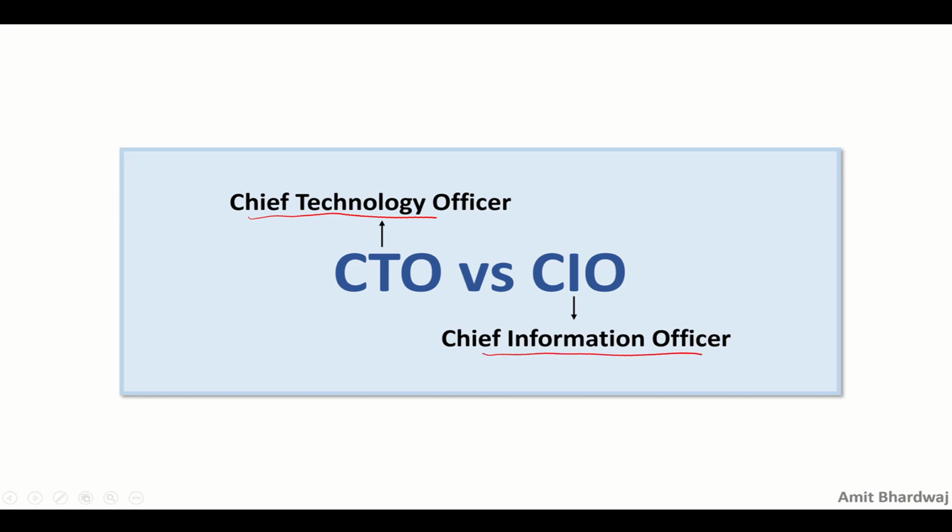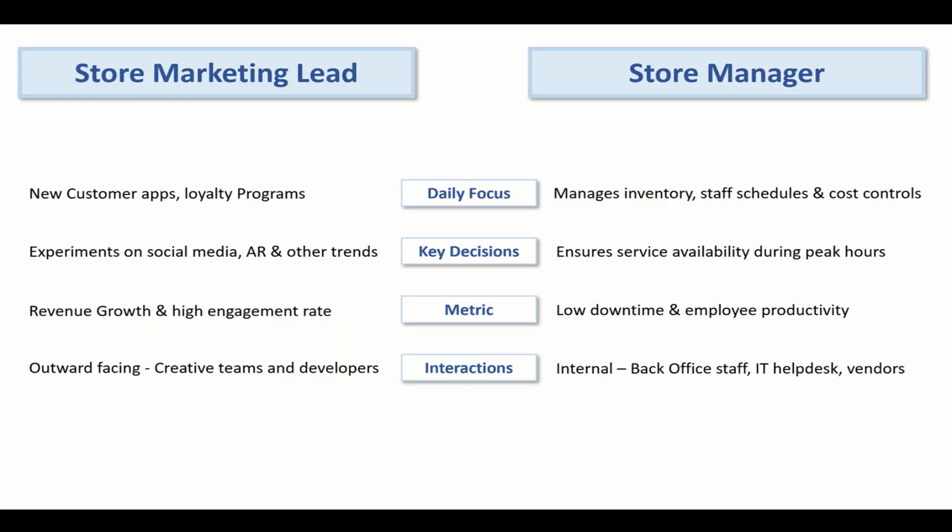Let's use an analogy of a store in order to further understand this topic. Taking the example of a store where we have a store manager and a store marketing lead, let's focus on what their daily focus areas or key responsibilities are.